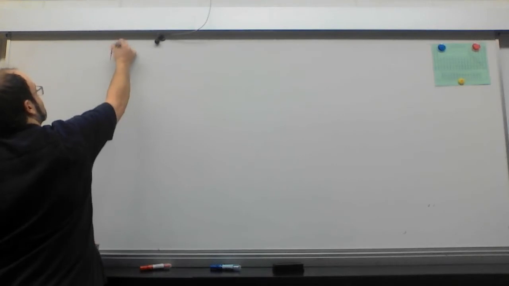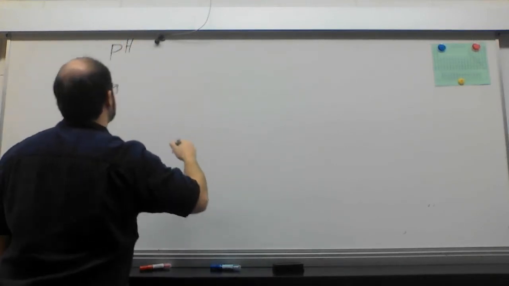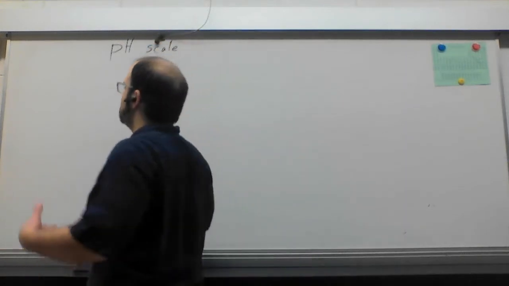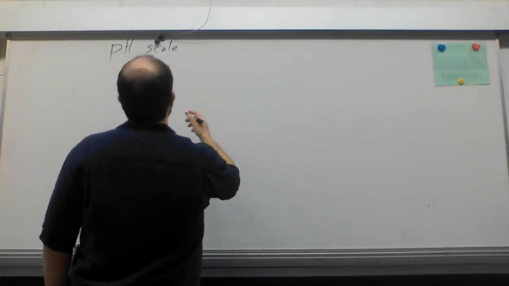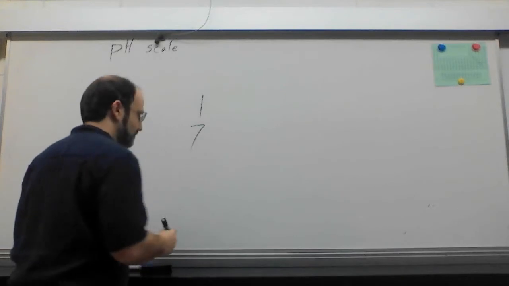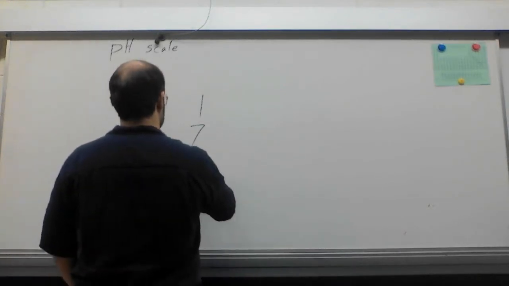So if we have our pH scale, and it's written with a small p and a capital H. Again, convention. So we're going to make our pH scale. Now the pH scale is a little weird because it doesn't start at 0 just to mess with us. Instead, the pH scale is going to start at lucky number 7. I know, it's a weird one to start at, but that's where we start. And we call this neutral.